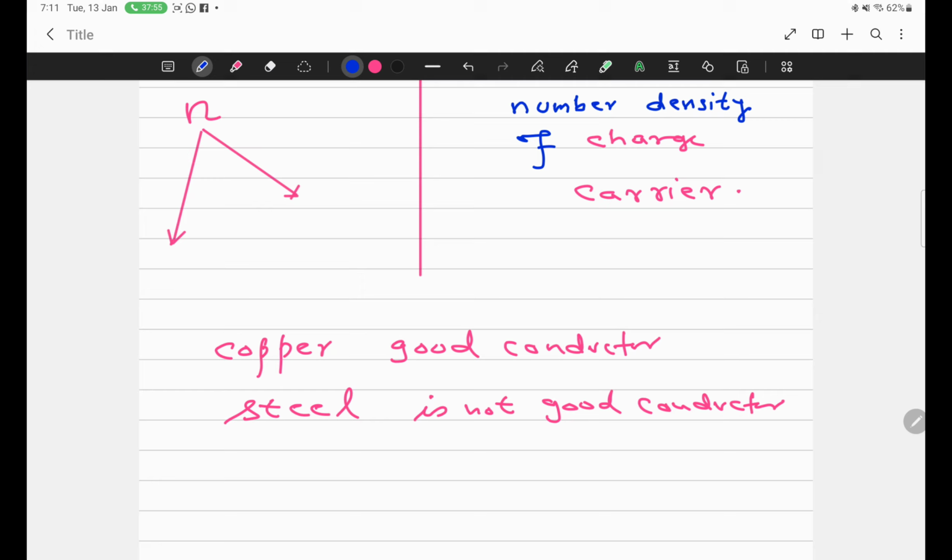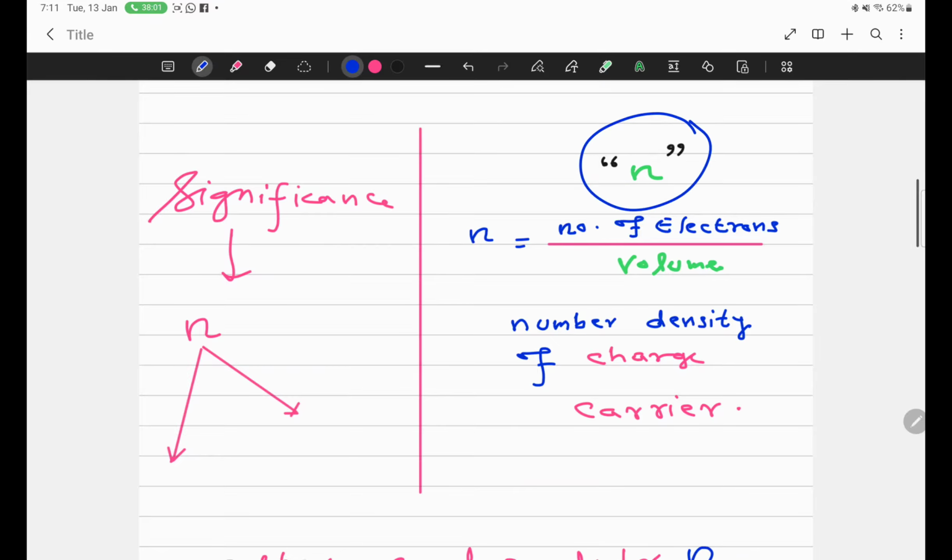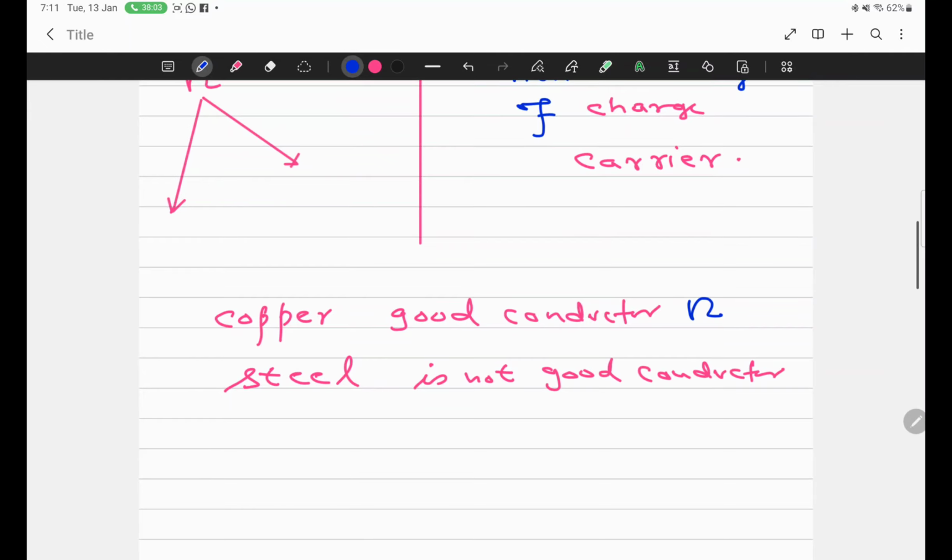Why? The number density of charge carrier for copper is high. It means per unit volume, copper contains a large number of free electrons. So copper is a good conductor. And for steel, the number density is low.